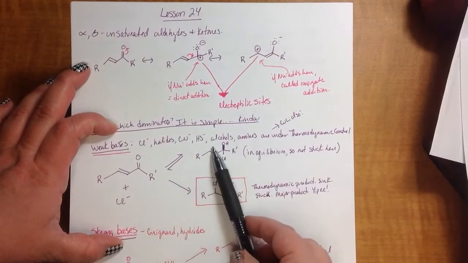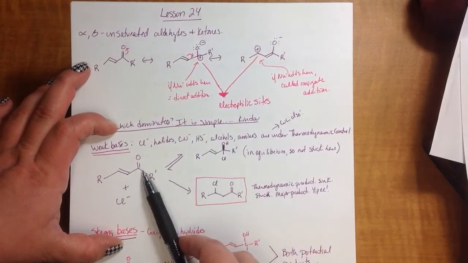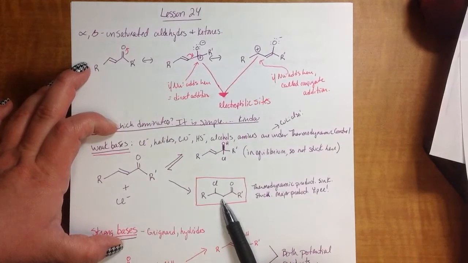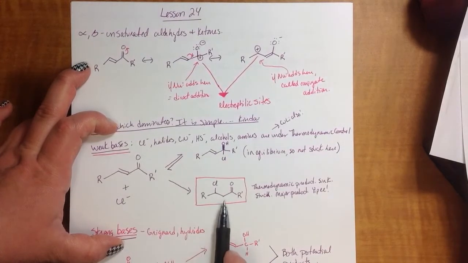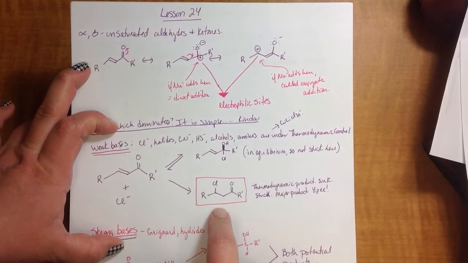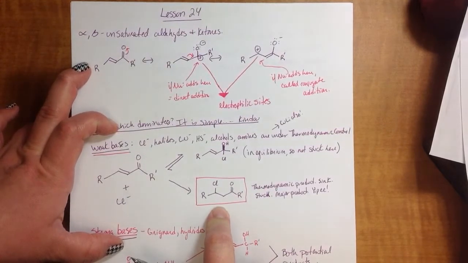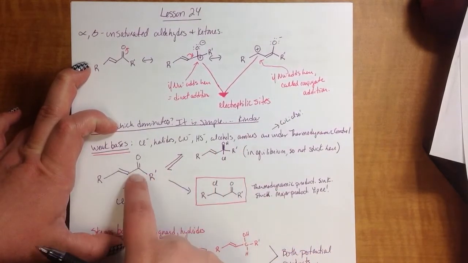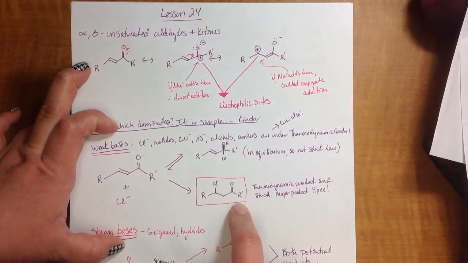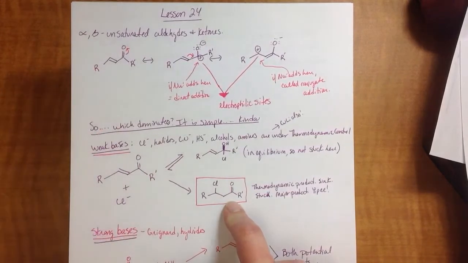If it goes up here, it comes back down. As soon as it goes to this position, it's no longer in equilibrium. It's the thermodynamic product. This is the sink. Therefore, this is your major product. As this continues to go in equilibrium, you're removing it by moving it here, so the equilibrium will shift until you end up getting almost all of your product in this state.